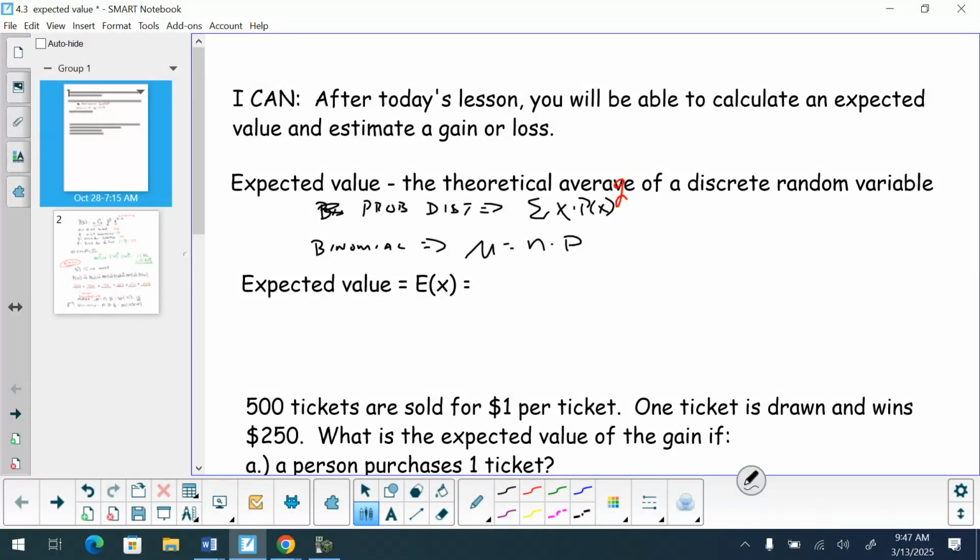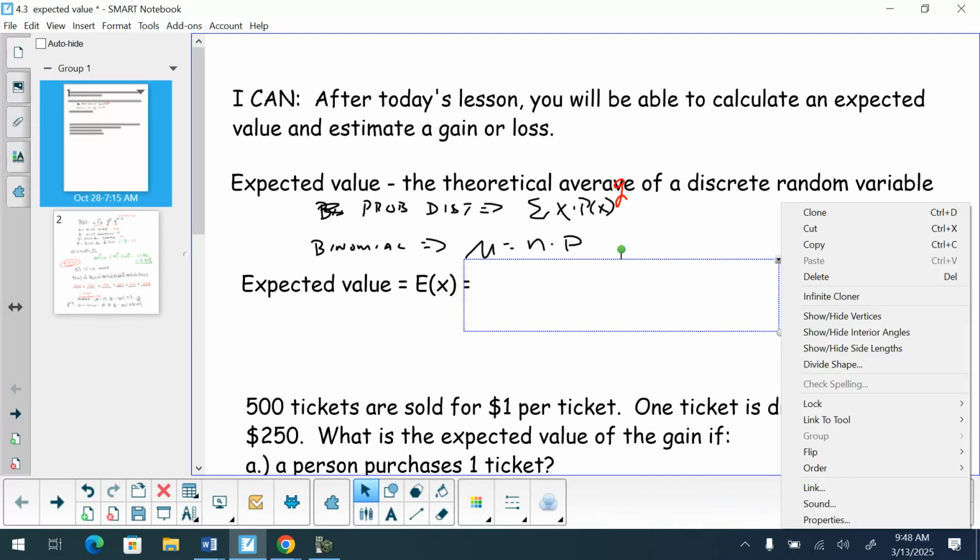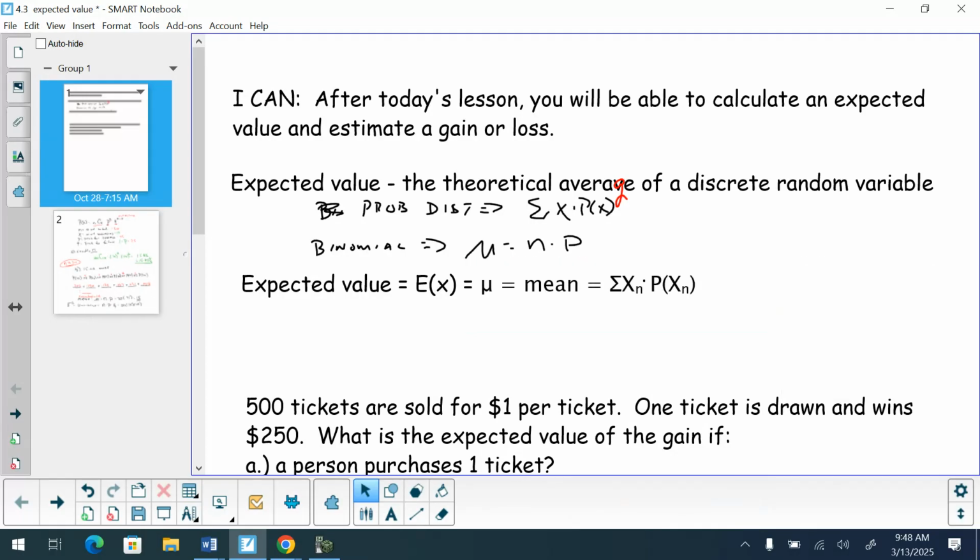We can add up all the x's times p of x, or we can take n times p when it's a binomial. And when we talk about this expected value, this is the mean. You have sum of x times p of x, or when we're talking about a binomial, this is just n times p.